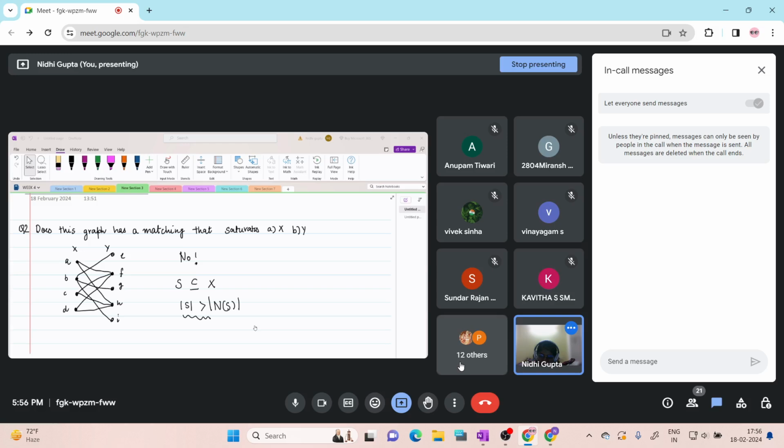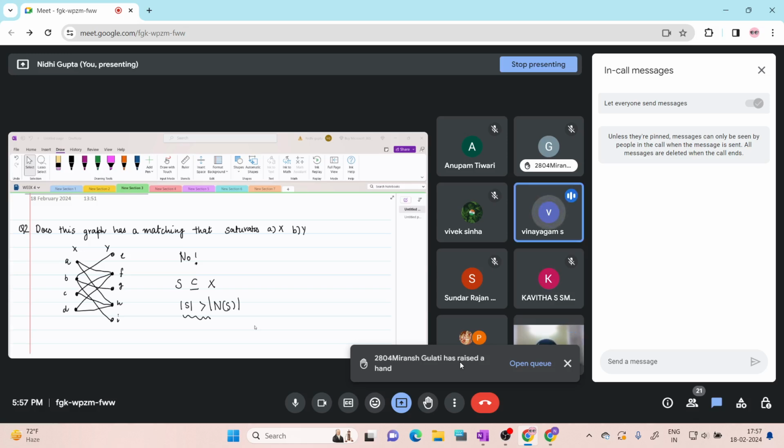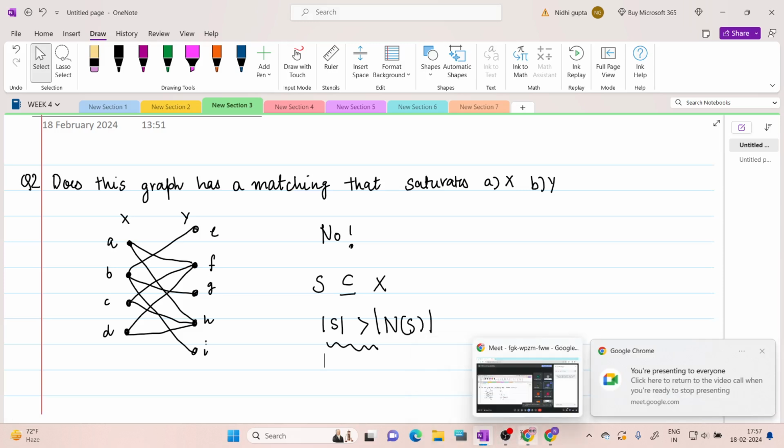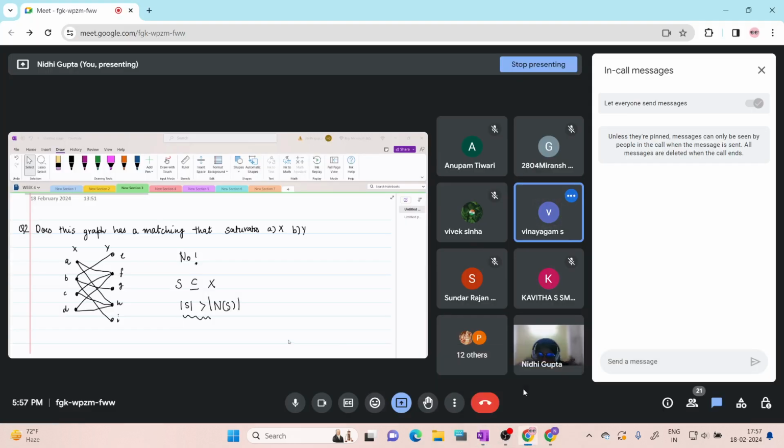Everyone try to find that set, and if you have an answer, raise your hand. The set S is A, D. Oh, A, okay, D, okay. So first, A, C, D. The set S is A, C, D. Okay, you were not supposed to answer the set, but okay.